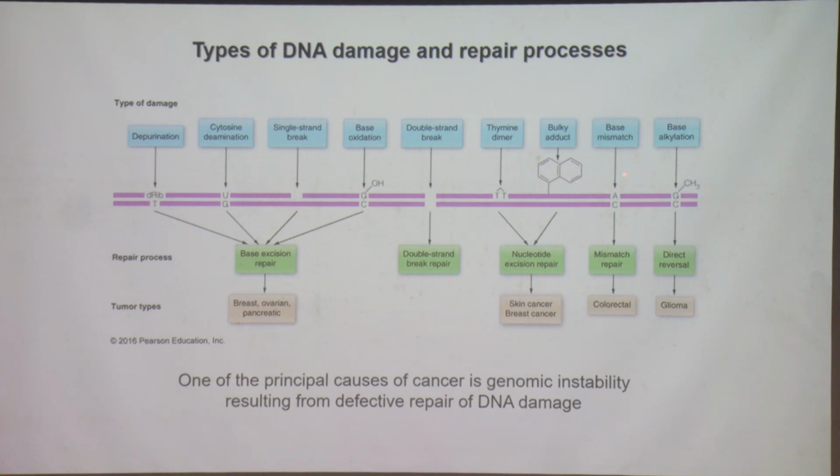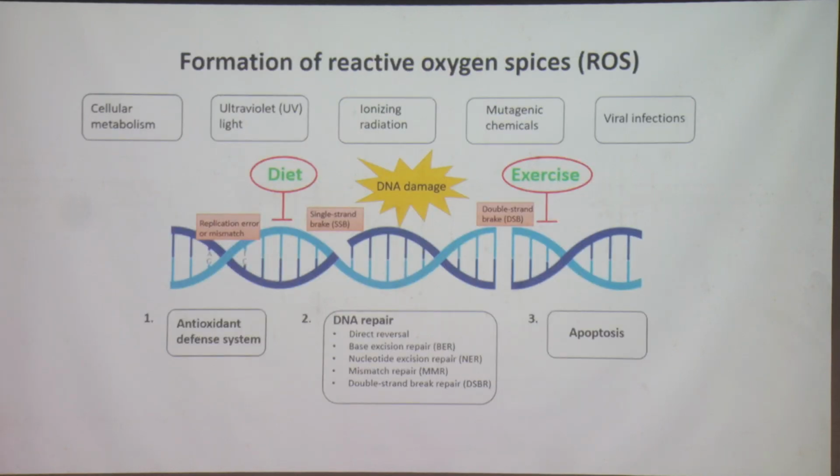And then sometimes DNA repair enzymes can put the wrong base. It can be fixed, but if it is not fixed, it can lead to mutation. Okay, base alkylation. So these are many different kinds of defects which are being repaired in our body. But if we are constantly exposed to this, that's when the body gives up and cannot repair it.